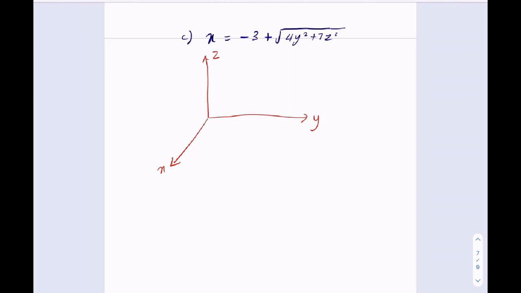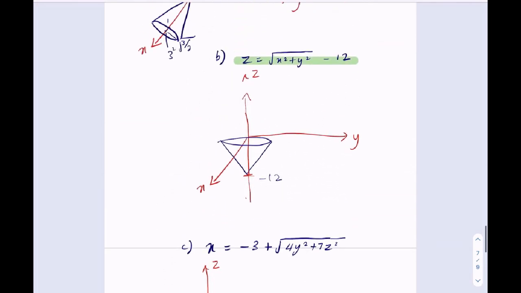Okay, for this one, I can see that this is similar to question B. This is just a one-sided cone, positive side, but then shifted to the negative side by 3 units. Okay, I explain again over here.